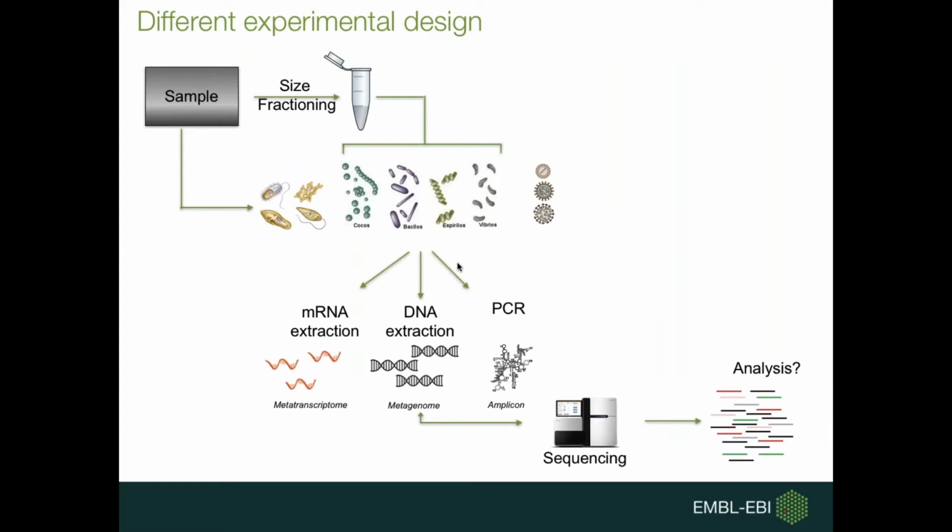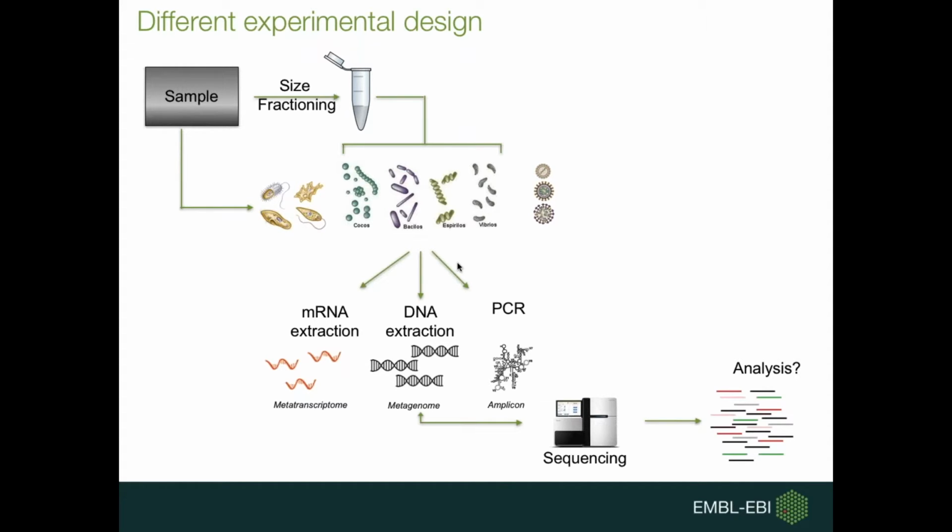It's also quite an umbrella term. So people do lots of different experiments and they call them metagenomics. So some people take their samples and they size fractionate them. They pull out the viruses, or they pull out just the eukaryotes or prokaryotes. Some people don't care. They mix everything together and they just extract it.